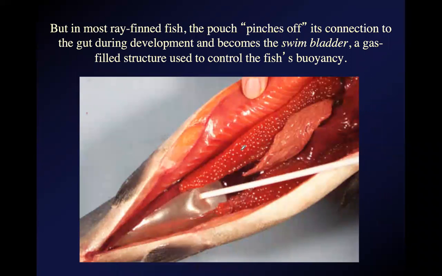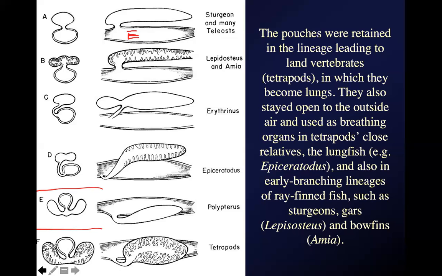For example, in most ray-finned fish, let me go back one. In some bony fish that you know, herring being an example, this pouch is called the swim bladder, and herring, as well as sturgeon, still retain a connection between the esophagus and the swim bladder.